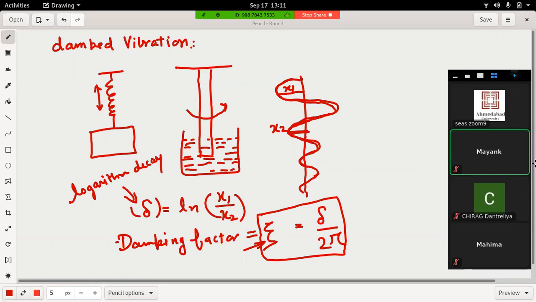Here in this experiment, you will compare the damping factor for water and oil, or maybe with air also you can compare, in order to determine the effectiveness of a certain media. So that's all for this experiment. You will also have to plot certain graphs, for example the logarithmic decay versus depth of immersion. This depth also affects the process.